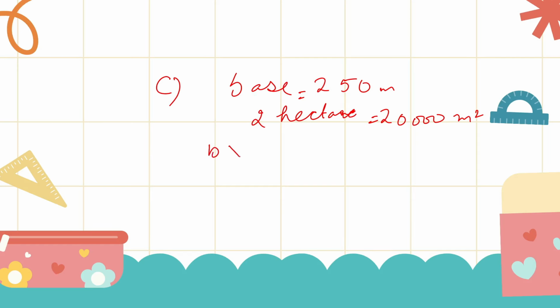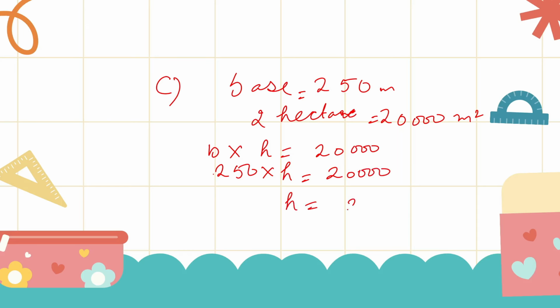So area of parallelogram is base into height, that is 20,000 meter square, and base is given 250. Height we need to find. So height equals 20,000 divided by 250, and you will get the answer, that is 80 meter.